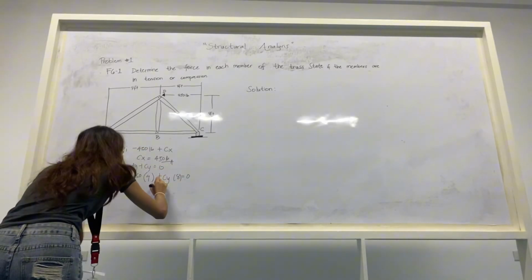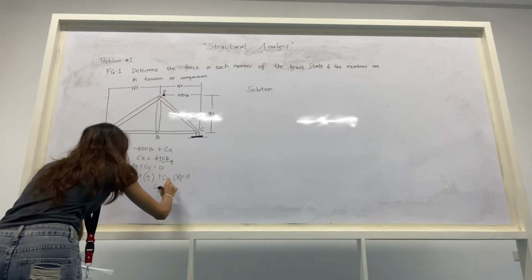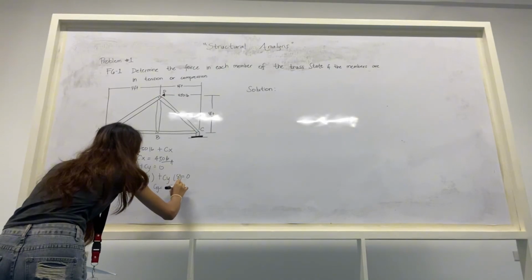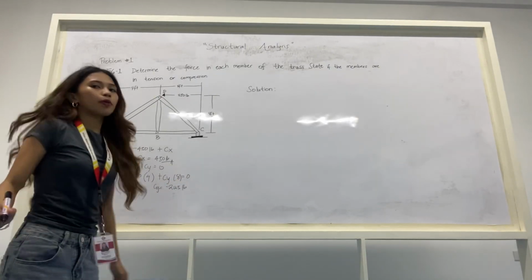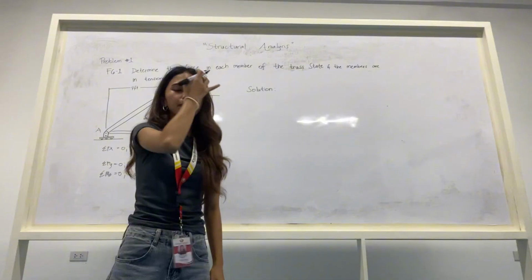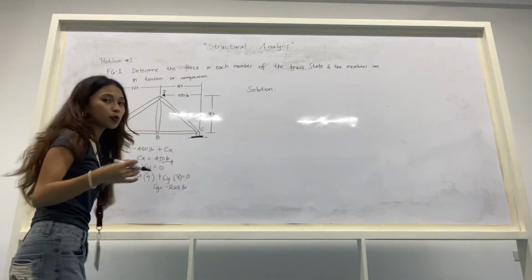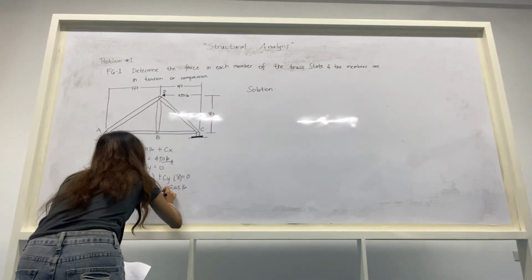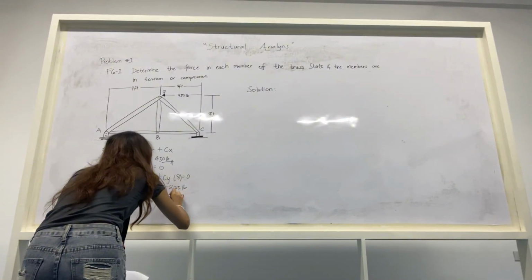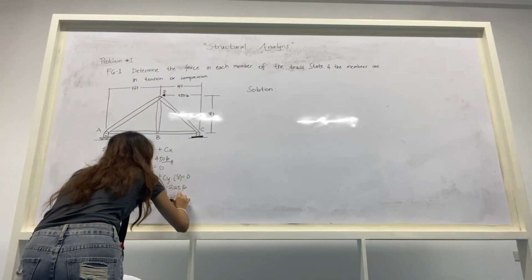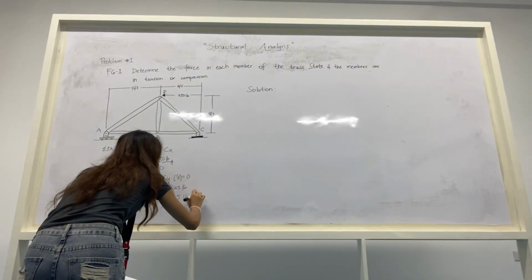Our Cy here is going to be negative 225. Supposedly we can have a negative in our answer, so we transpose it to positive. So this is positive 225 lb going downward.